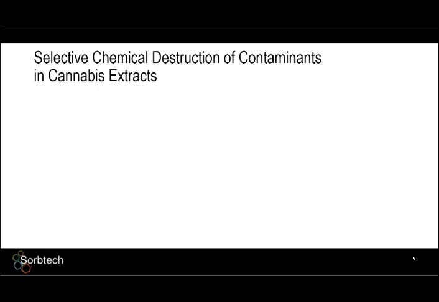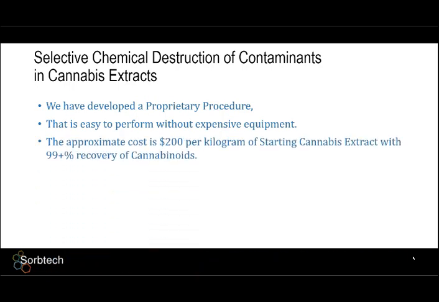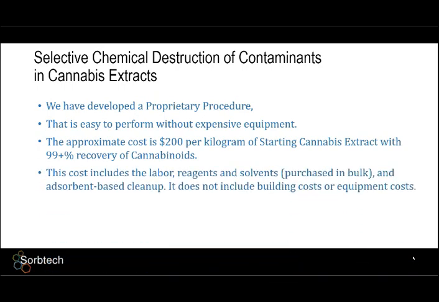Now, we have developed a proprietary procedure that is easy to perform without horribly expensive equipment, and the approximate cost is about $200 per kilogram of starting cannabis extract with 99+% recovery of cannabinoids. You're not going to lose much. It isn't going to cost all that much, and you're stuck with this bad batch anyway, so you have to do something.